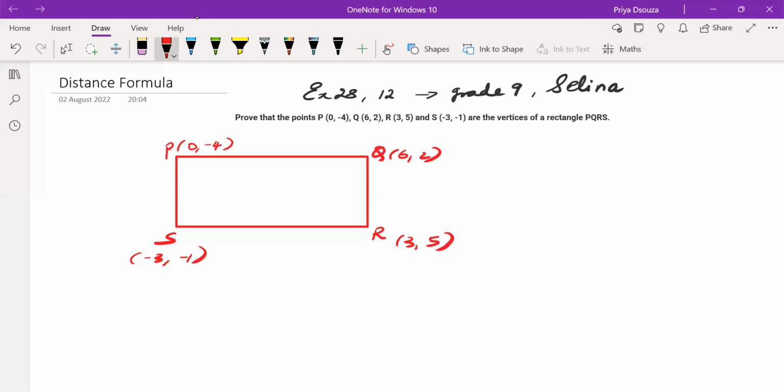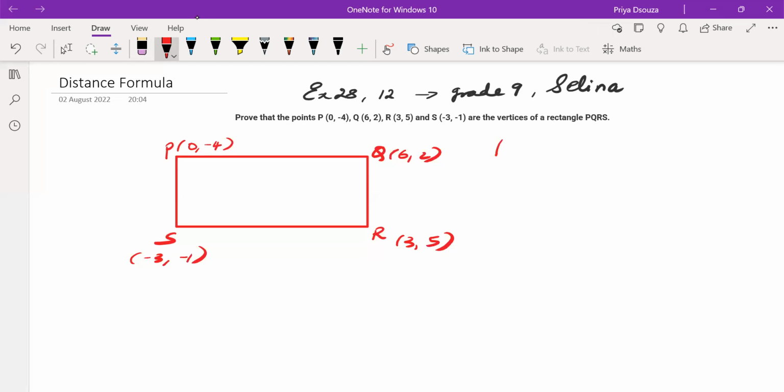Once you're able to show that, you have only stopped at stage 1. That is, you've shown it's a parallelogram. And when you go further and show that PR is equal to SQ, then you can show that the diagonals are equal. Because a rectangle is basically a parallelogram in which the diagonals are equal. Opposite sides are equal and the diagonals are equal.